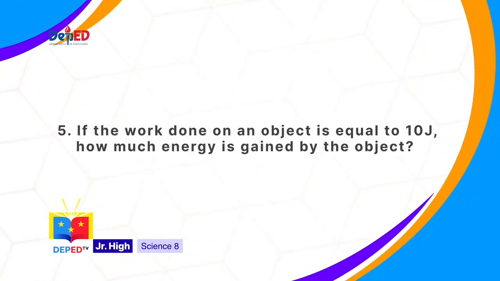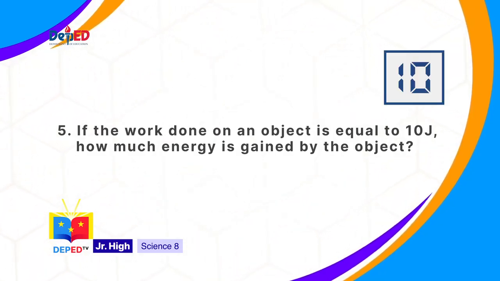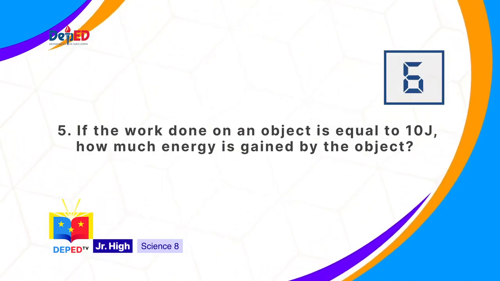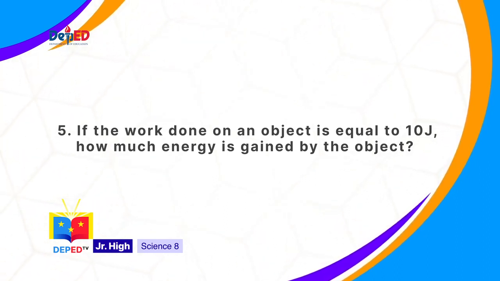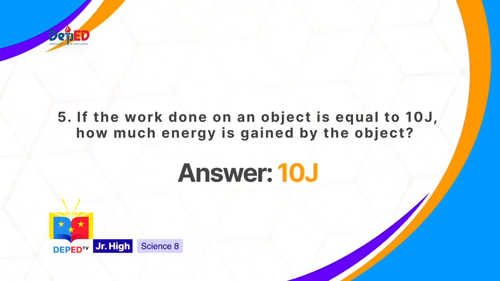If the work done on an object is equal to 10 joules, how much energy is gained by the object? What do you think is the answer? Very good. The answer is still 10 joules because 1 joule of work is equal to 1 joule of energy.